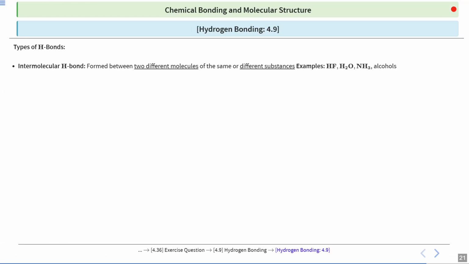Now there are two types of hydrogen bonding: intramolecular and intermolecular. Intermolecular is between two different molecules, and the atoms that are forming it should again be attached to either fluorine, oxygen or nitrogen. We can take the examples of HF, H2O, and NH3.